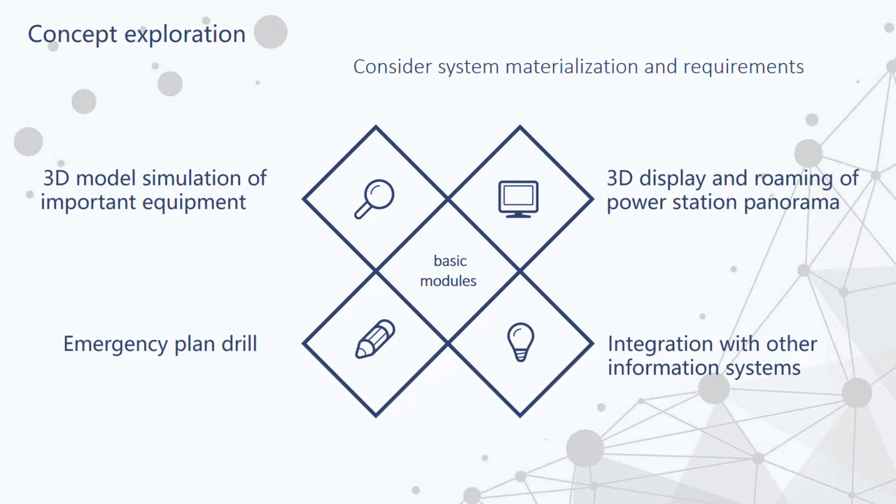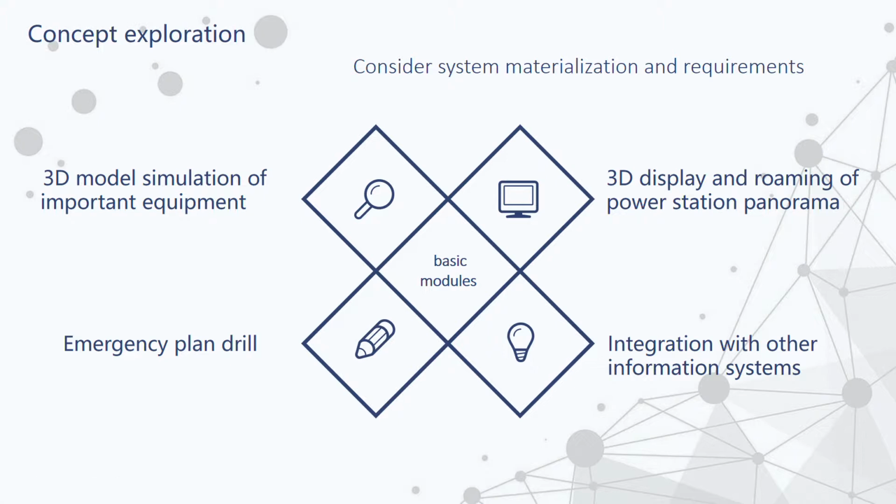Using the virtual reality simulation interactive platform to display the power station panoramic view, underground and aboveground building facilities, main equipment and equipment working mode, operating environments, the natural environment, and other related information. The third module is the emergency plan drill.